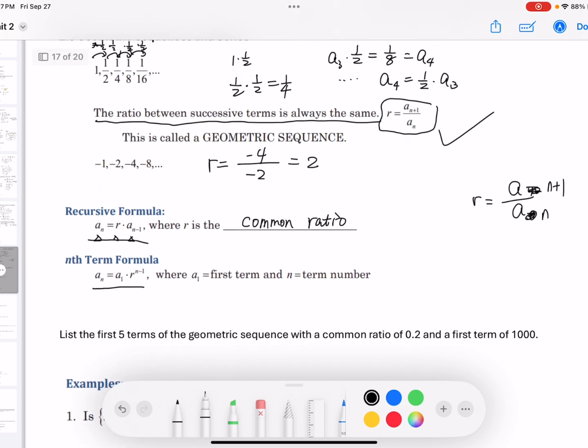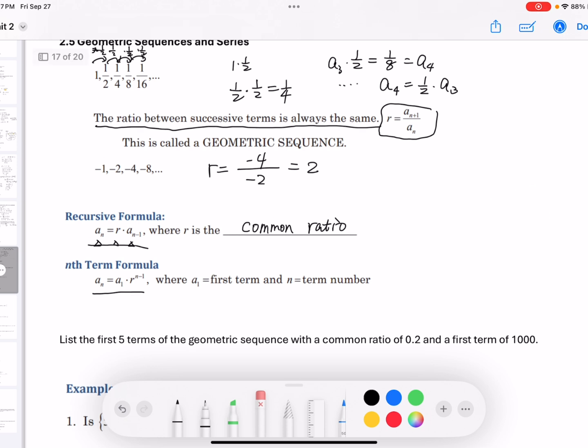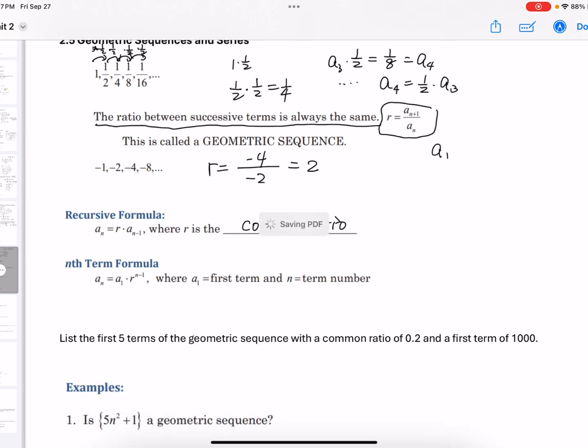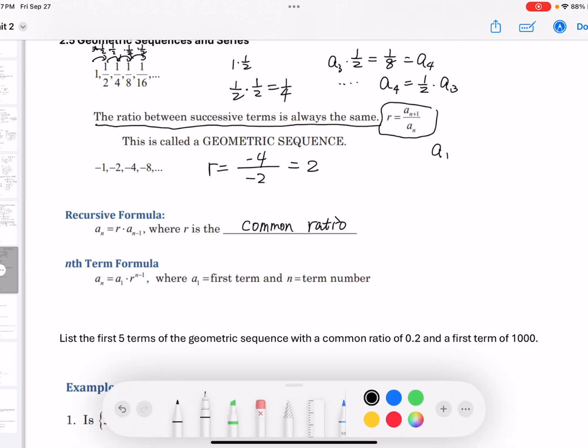So how did we find this? We can clear this area to prove why this one is true. If a sub 1 and r are given, we can find a sub 2. A sub 2 equals the previous term, a sub 1 times r. And a sub 3 is equal to the previous term, a sub 2 times r.